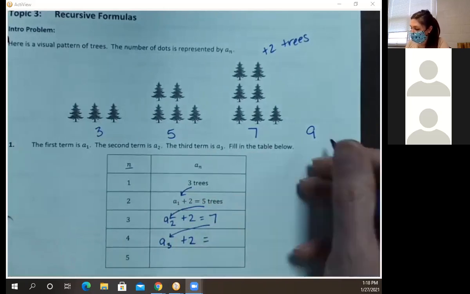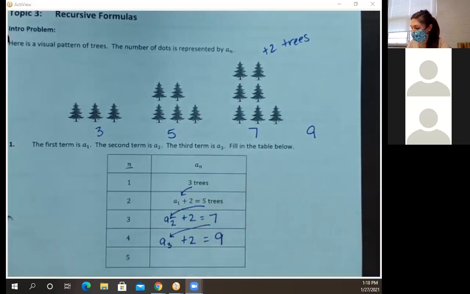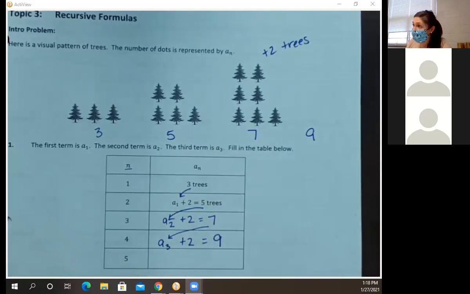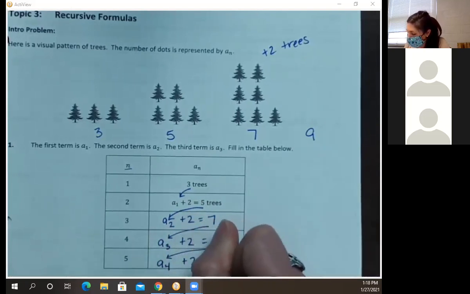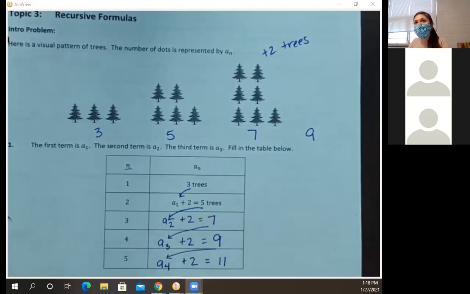So 7 plus 2 would give me 9. For the fifth term, I'm going to do the same thing. I'm going to take the last term, add 2, and I would get 11.